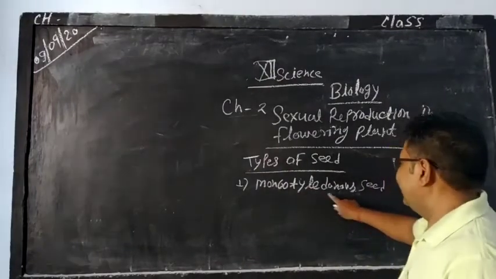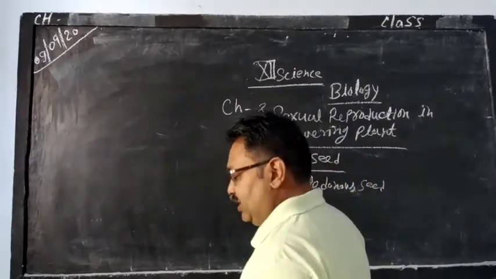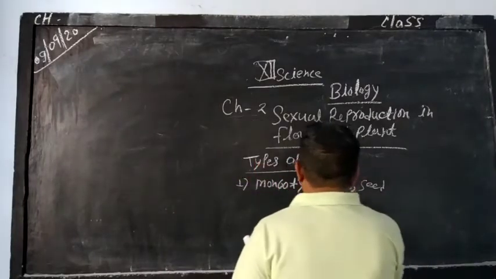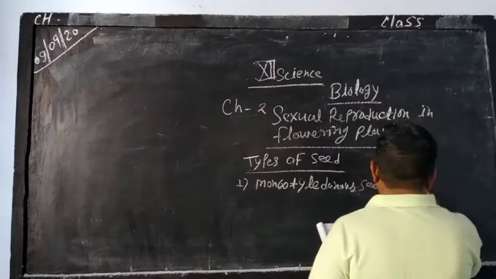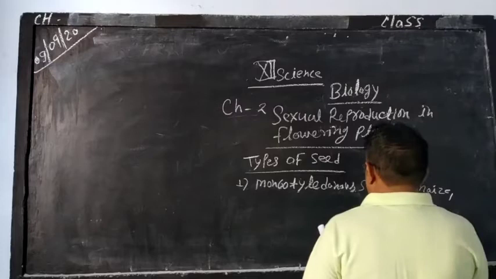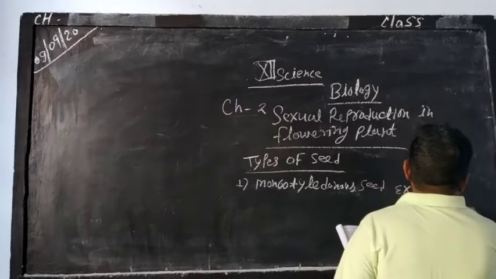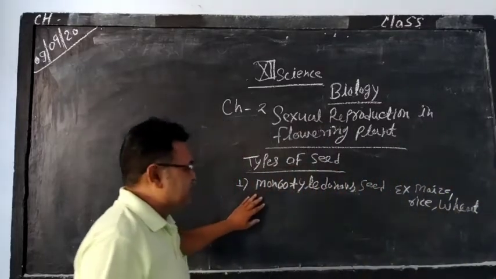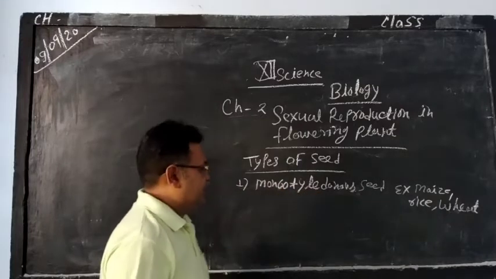So monocotyledonous seed means it contains only one cotyledon. Examples of such type of seed are maize, rice, and wheat. These are examples of monocotyledonous seed because they contain only one cotyledon.